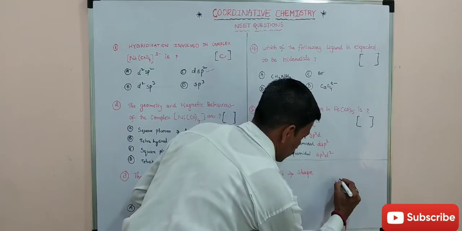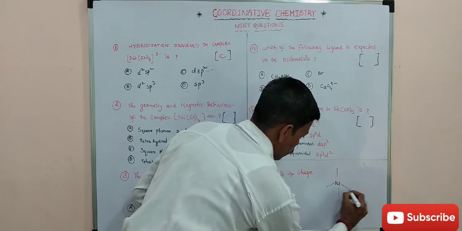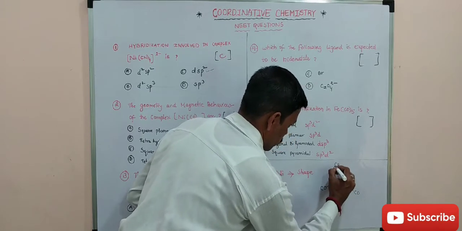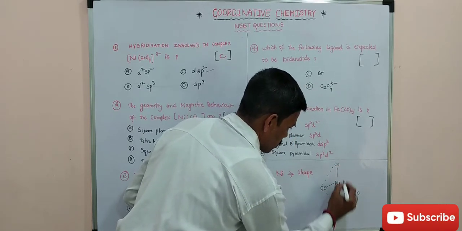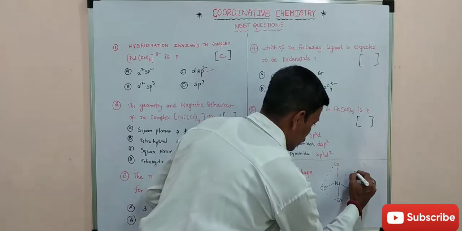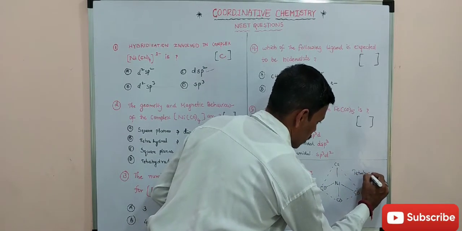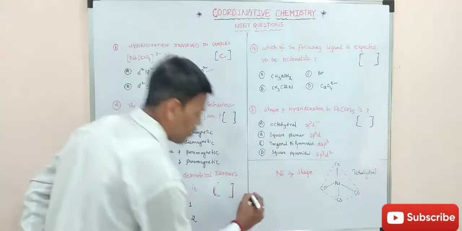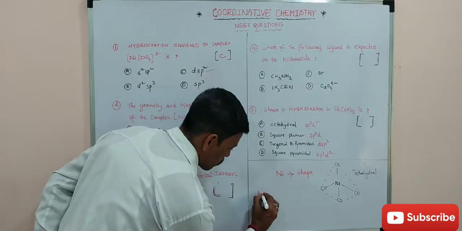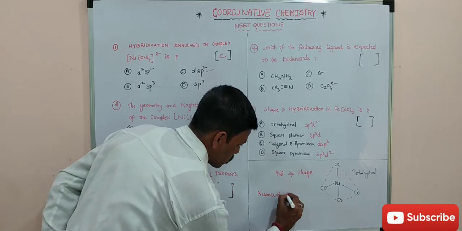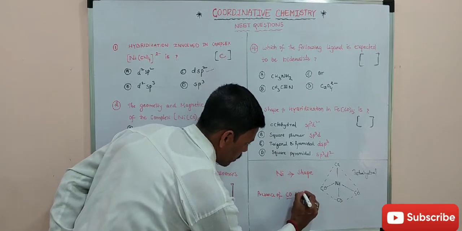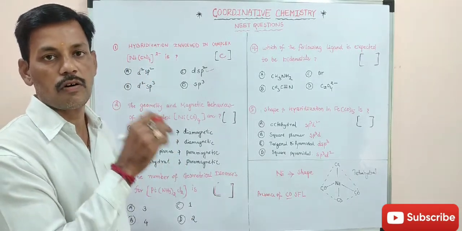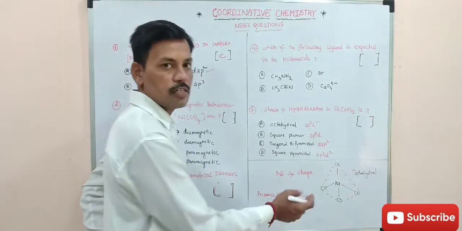If we discuss the shape, nickel is bonded with 4 carbonyls. So the structure of this tetracarbonylnickel is tetrahedral. Now, CO is a strong field ligand. CO means carbonyl, and carbonyls are very strong field ligands. Due to these strong field ligands, pairing takes place.